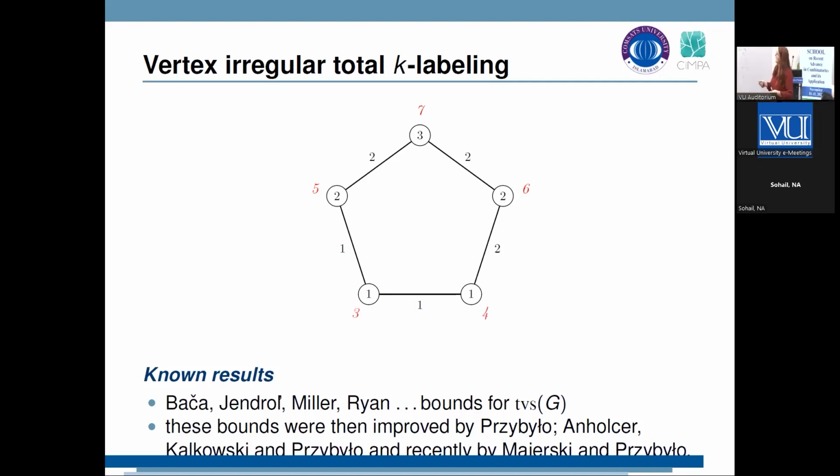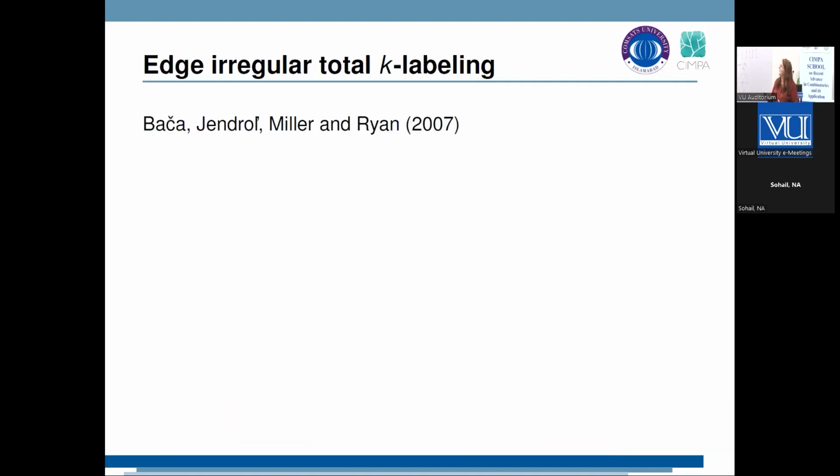These bounds were improved by Jakub Szybilo and the other boys from Poland. If you are interested, you can find many surveys and many results. Any questions about this type of labeling?